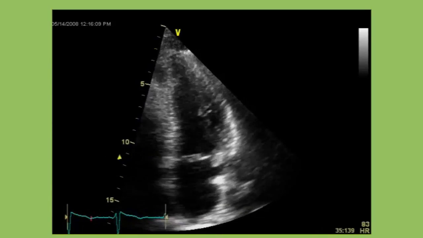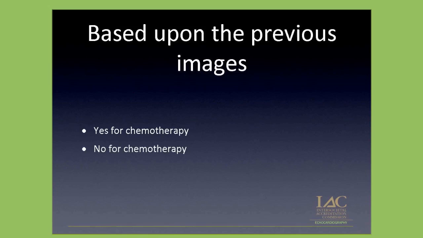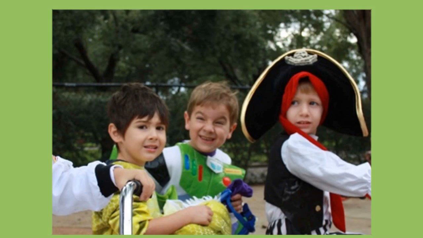I want you to ask yourself whether you're going to go and look for the doctor that is reading in the echo lab and tell him or her, hey, I think that this echo is abnormal, call the oncologist so that this patient will not get the therapy, or I'm totally okay, I think that this patient should be fine with therapy.